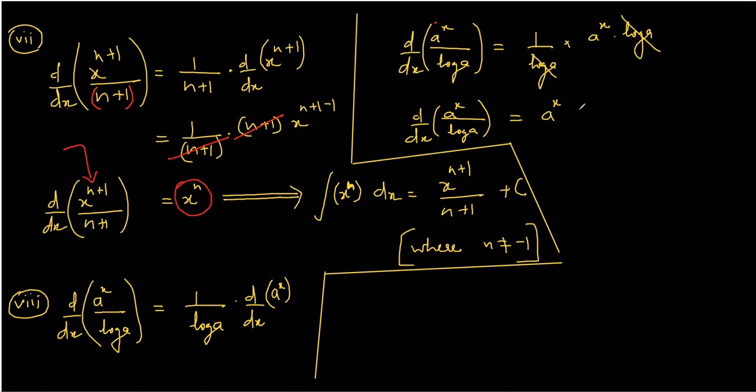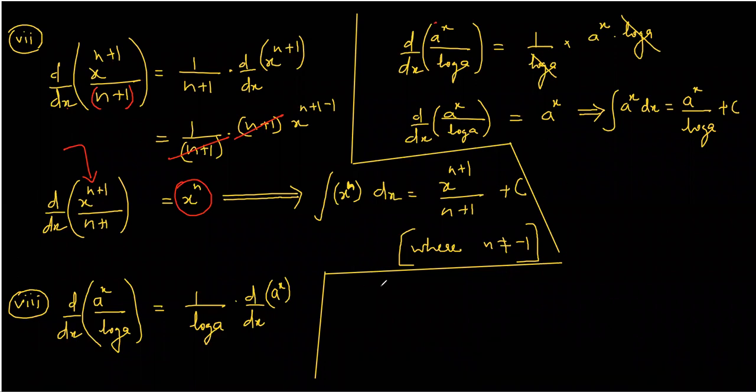So here I shall apply the definition of integration, and that will get me, see, derivative of this with respect to x is this. So integration of a raised to x dx is a raised to x upon log a plus c. Okay, this is 8th. I got integration of a raised to x, and in 7th I got integration of x raised to n.